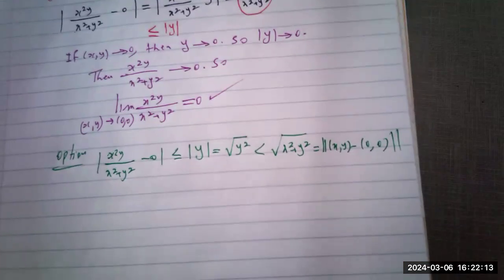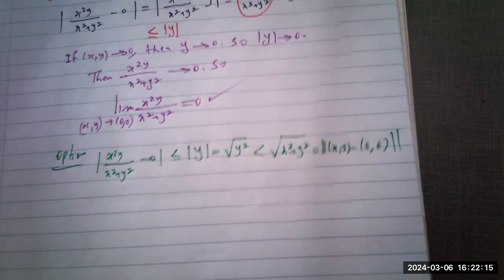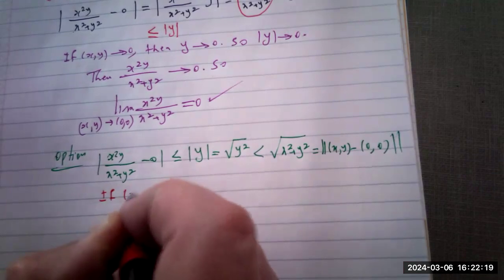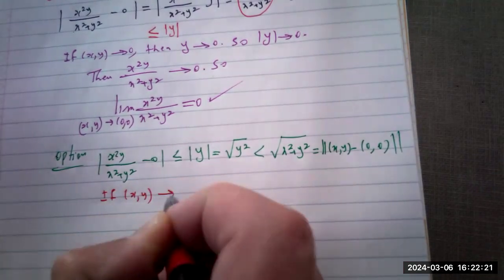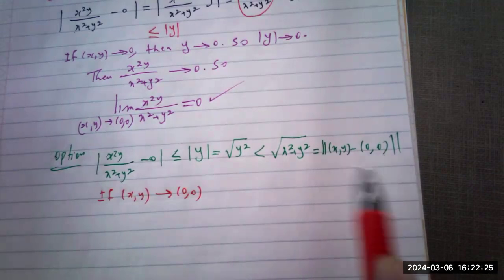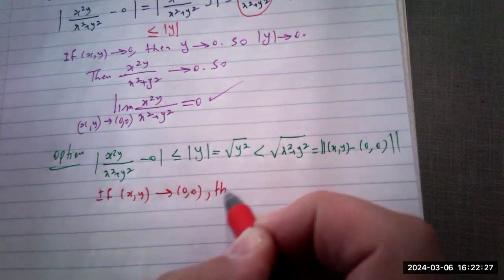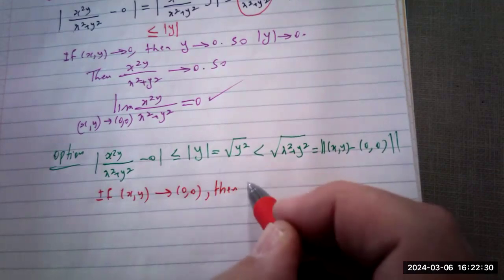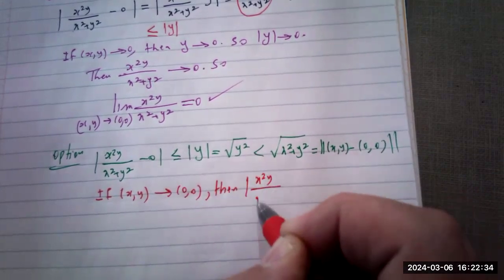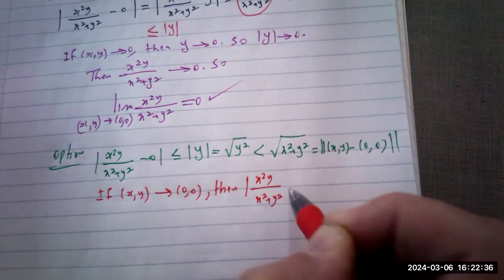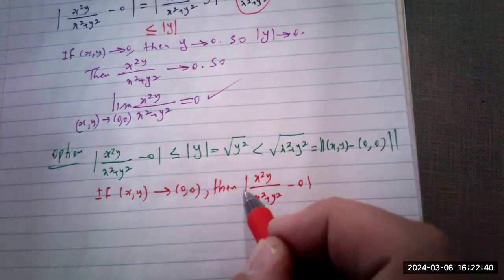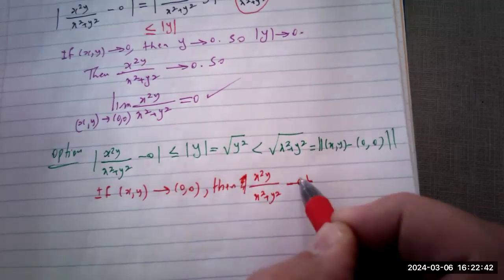It's like the epsilon delta notation. So that's clear now that if x comma y goes to 0, 0, then the right side will be 0. Then the absolute value of x squared y over x squared plus y squared minus 0 goes to 0 too.